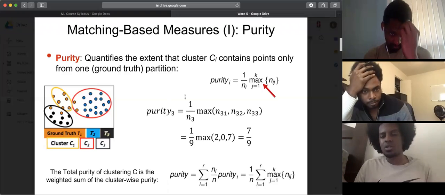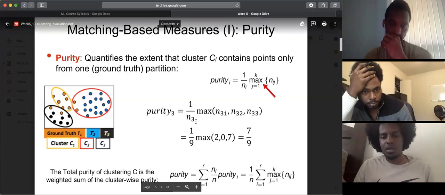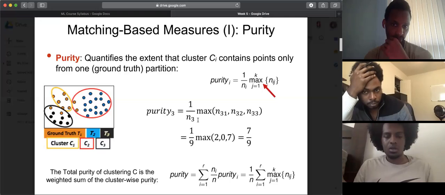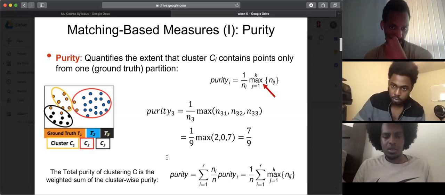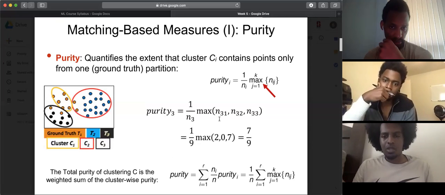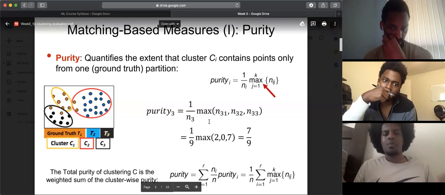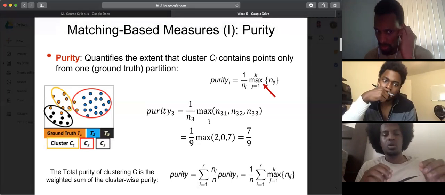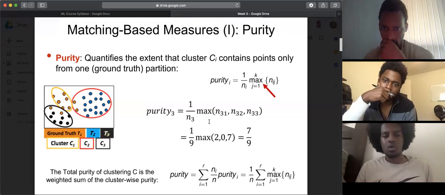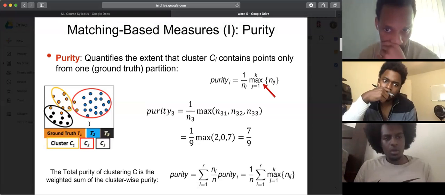So the purity score is 1 over N3, which is 1 over 9, the total number of data points that fell into your cluster C3. And then you're taking the max of n_3,1, n_3,2, and n_3,3, which is the number of data points that were correctly scored in each of the clusters.